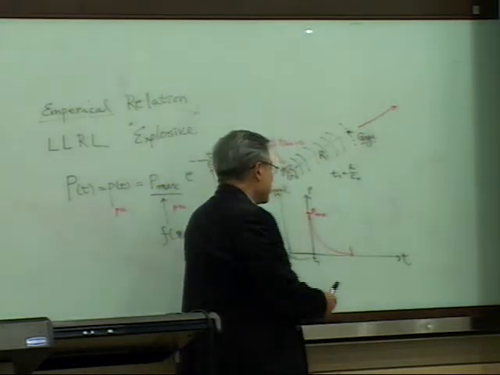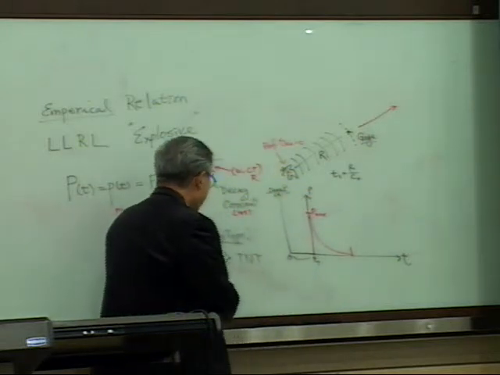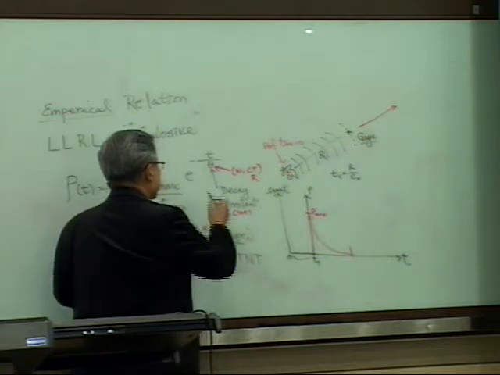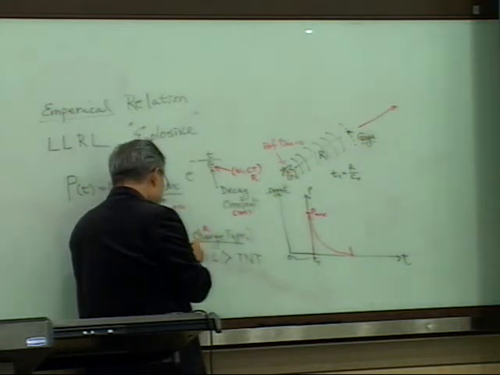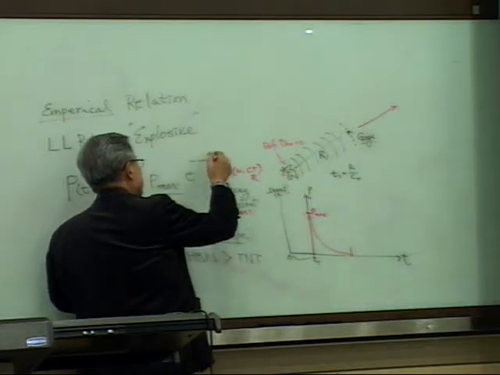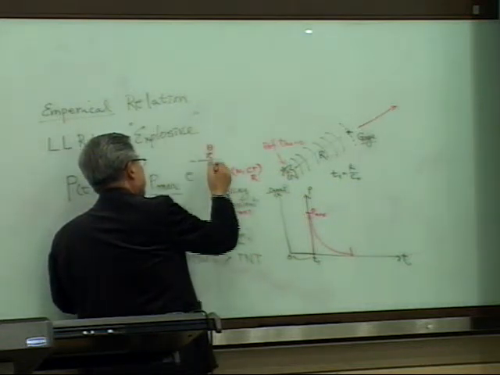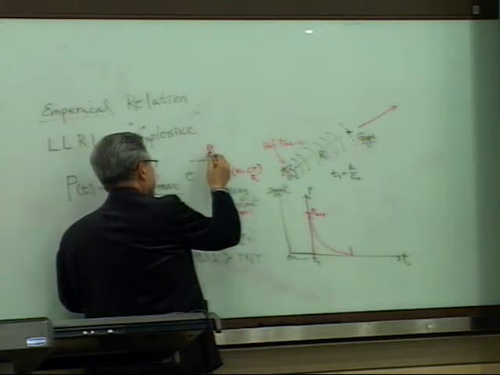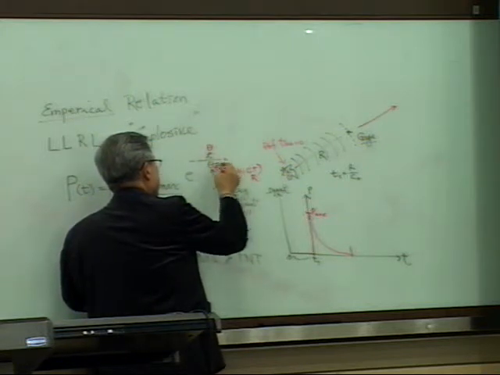But up to one decay constant, up to one decay, I'm going to say up to the one decay, T is theta. This is going to be equal to what?